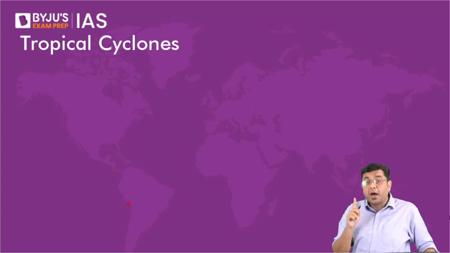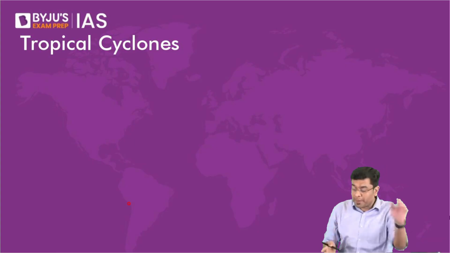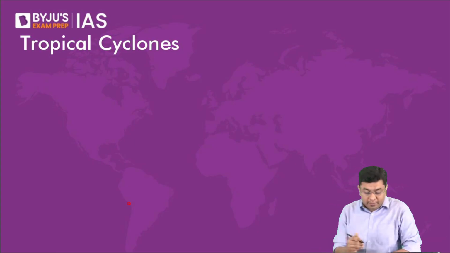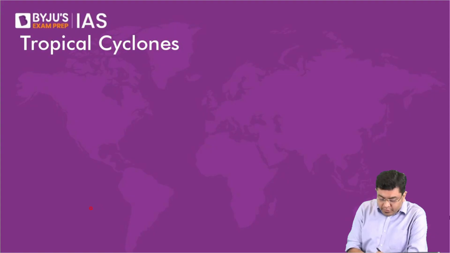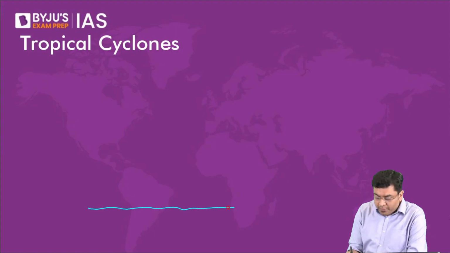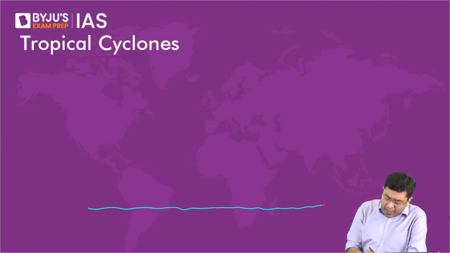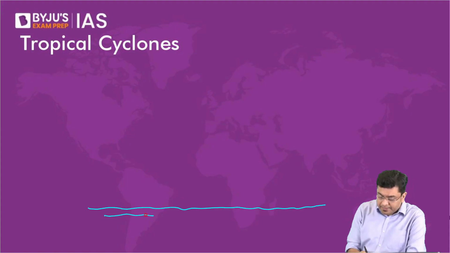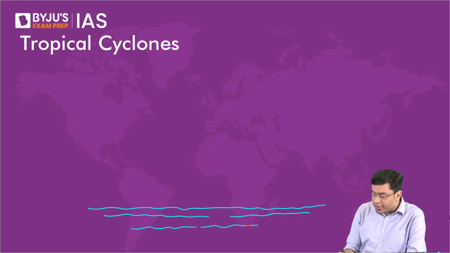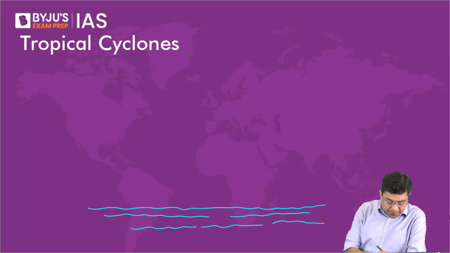I mean large seas and oceans in the tropical waters. This is where it is always formed, over water bodies. Why? We'll come to that as well. It will always be created only above the region of these large water bodies.